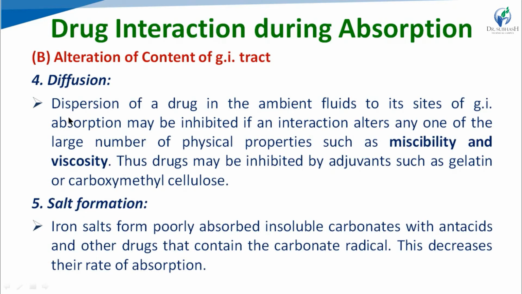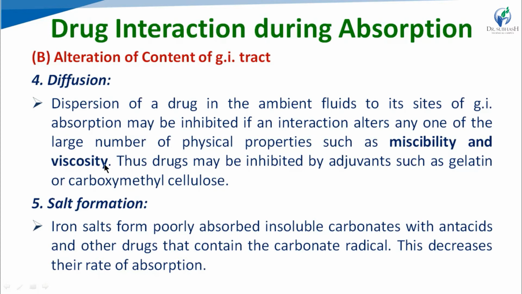Then diffusion. Dispersion of a drug in the ambient fluid to its site of GI absorption may be inhibited if an interaction alters any one of the large number of physical properties such as miscibility and viscosity.